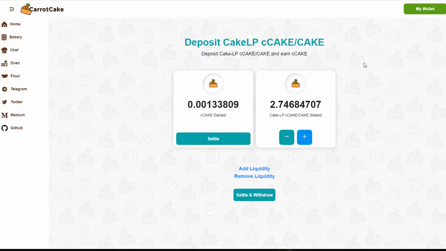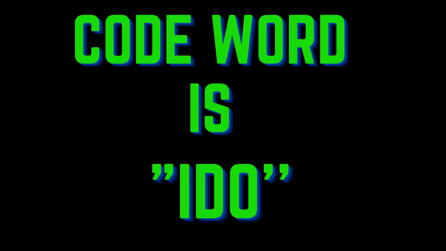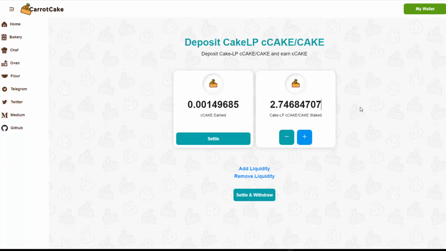As people buy in and out of CarrotCake and Cake, those fluctuations will reflect in your share. In other words, if there's any price movement, you're going to lose money, okay? But that's okay, because I'm earning 16% per day now. But as more people come in, obviously that is going to drop, okay?